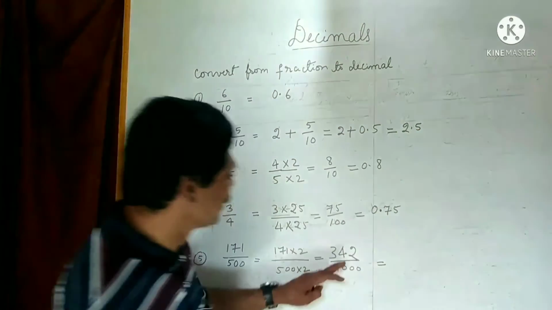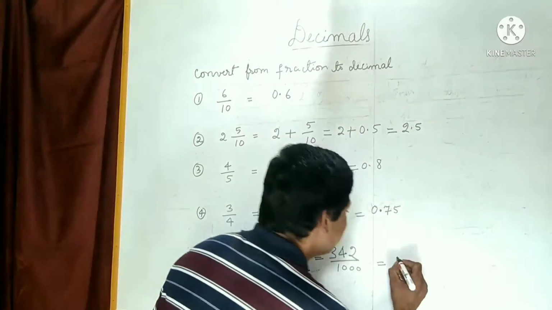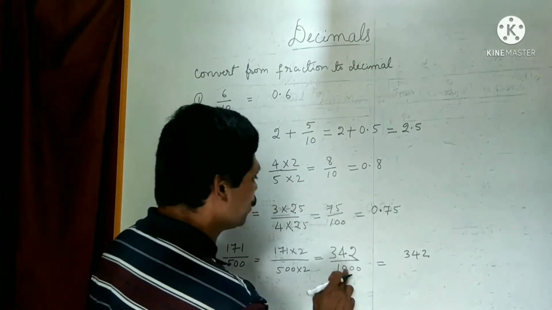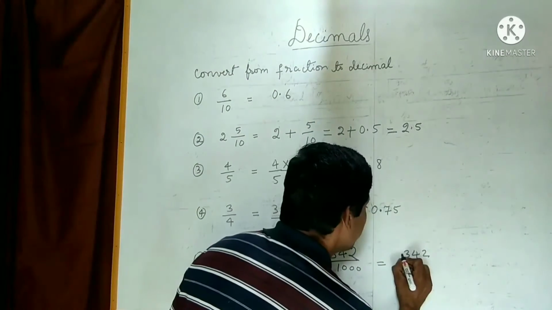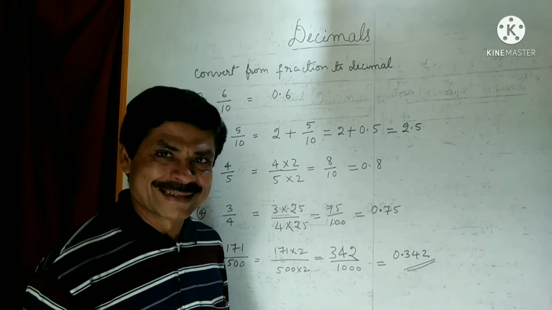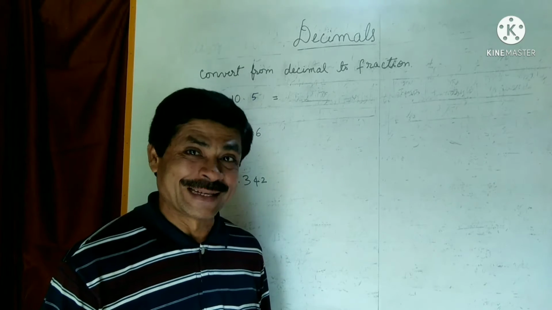Here you got the denominator of 1000, so you can directly write in decimal: 342, 1, 2, 3. After 3 there is a decimal point. You got the answer.